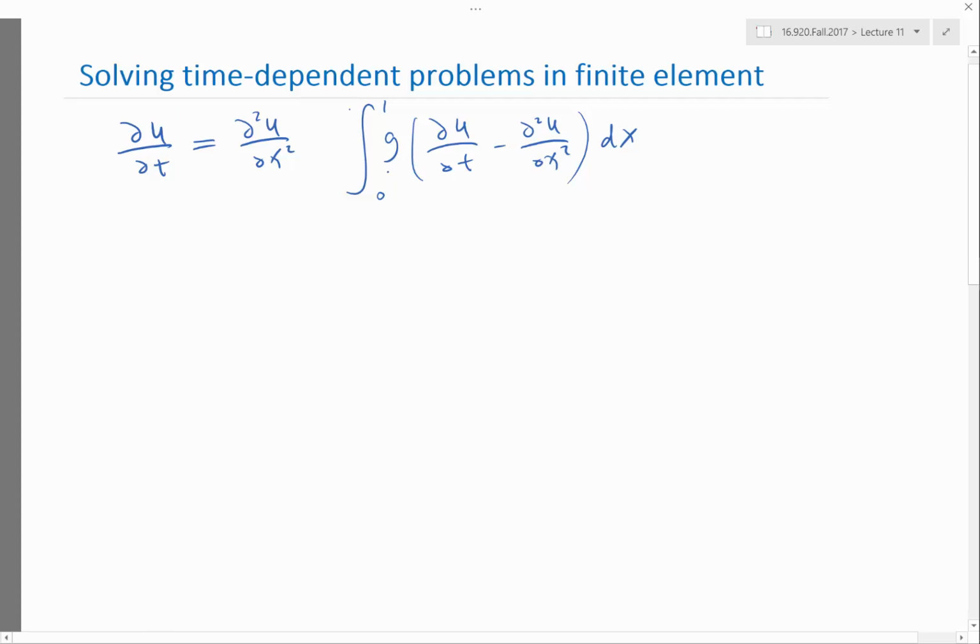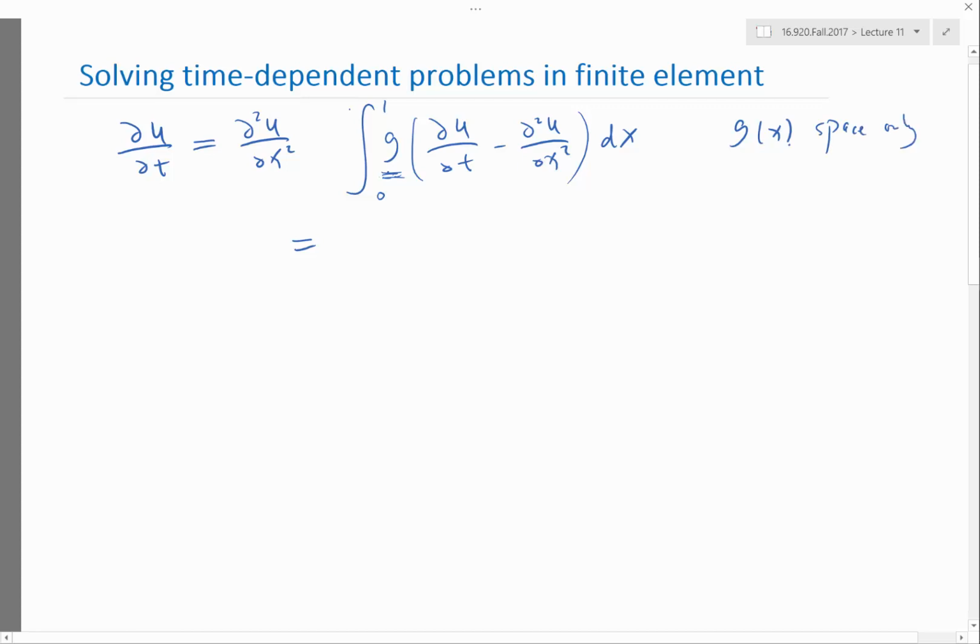Because we are not integrating in time, we don't need to do any integration by parts in time. Okay, so if we only want to discretize space, g actually should only be a function of space, not time.